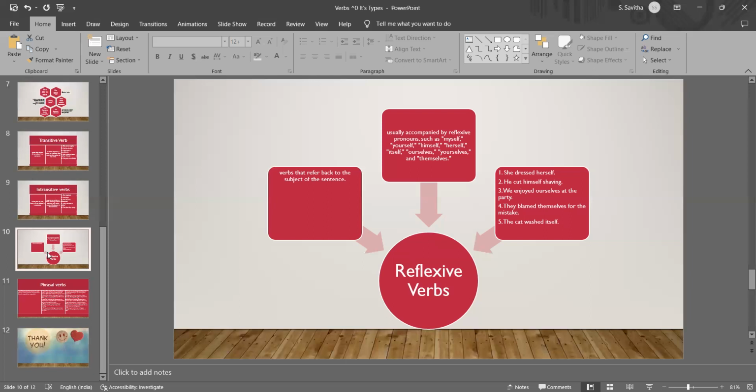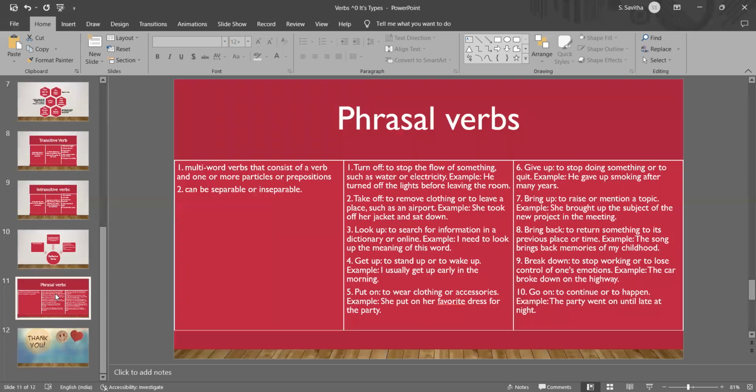Okay. So the last type of verb is phrasal verbs. What are phrasal verbs? They are multi-word verbs, which consist of a verb and one or more particles or prepositions. So these particles or prepositions can change the meaning of the verb. The meaning of the phrasal verb is often different from the meaning of the individual words.